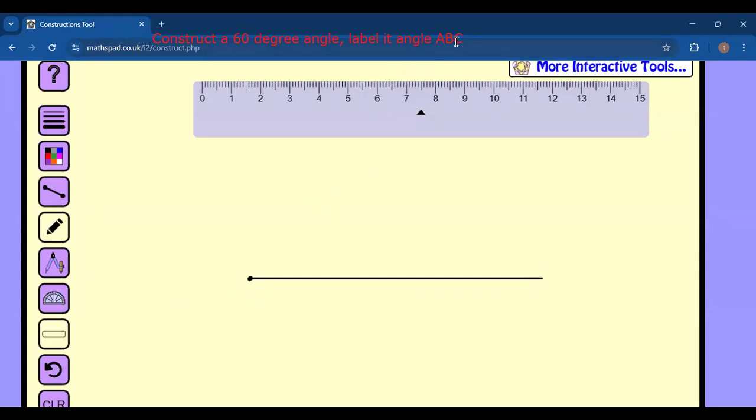Because the vertex is B, she's right. That's a very good point. So it's BC, not AC.